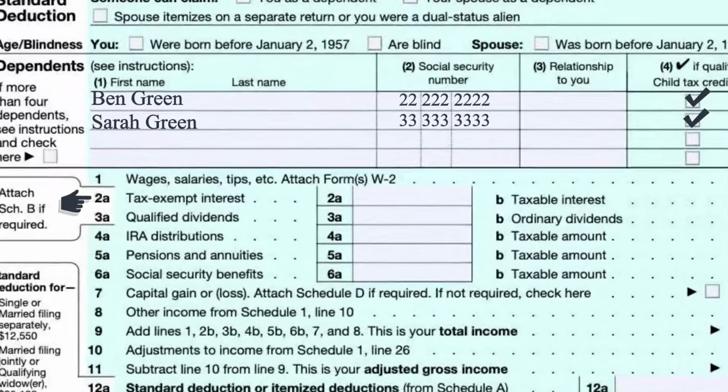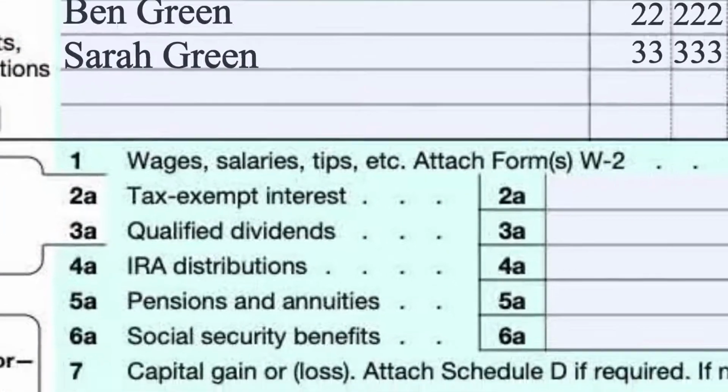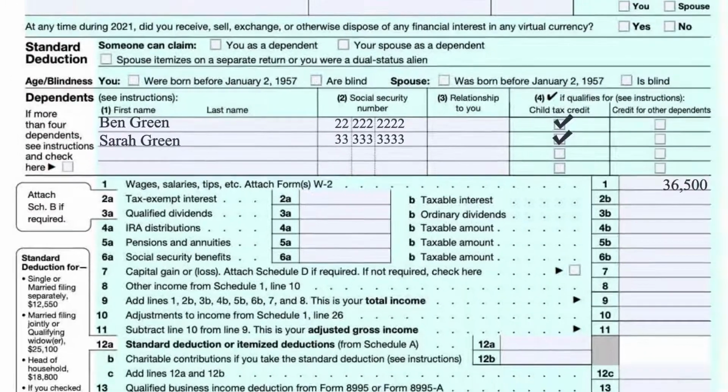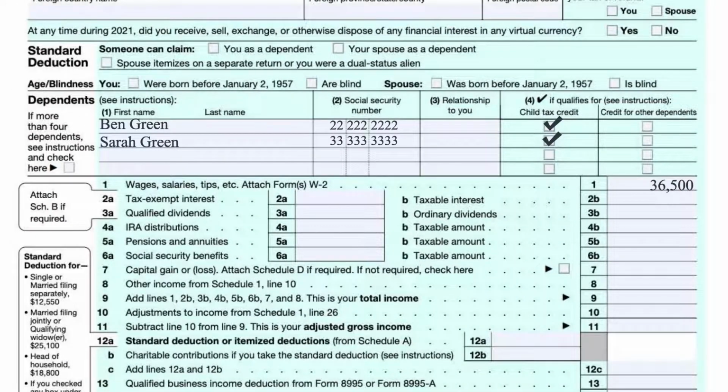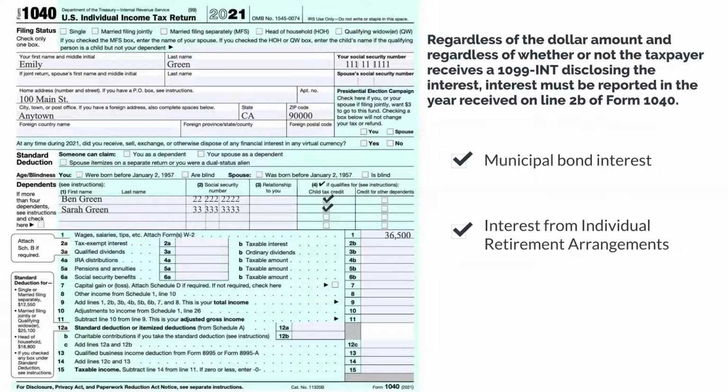Now moving on to line 2A and 2B, tax-exempt interest and taxable interest. To review, on line 2A, tax-exempt interest is reported, and some common examples include municipal bond interest or interest from individual retirement accounts.